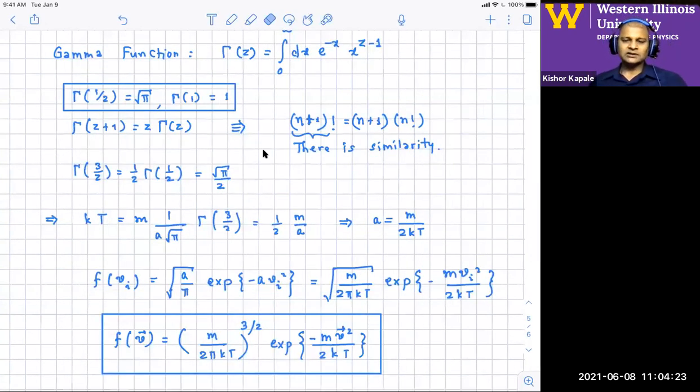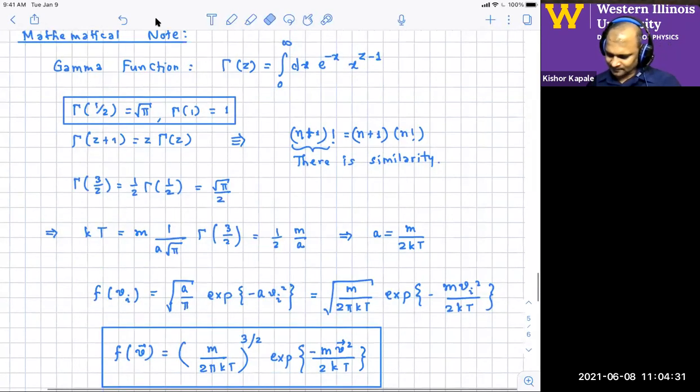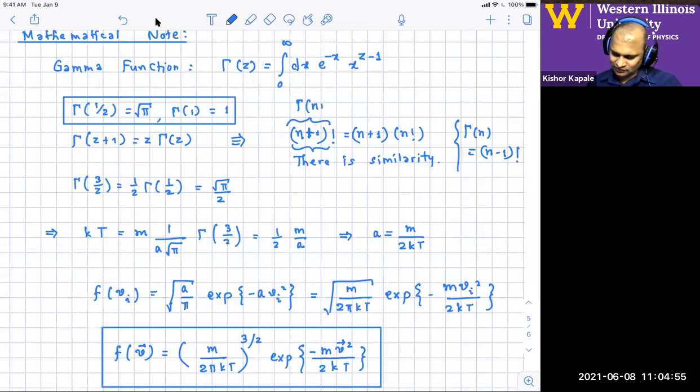So let's go back to where you guys are. The correspondence is gamma of n is equal to n-1 factorial, right? So if it is n+1 factorial, you add 1 to it, and so this is gamma of n+2 equals n+1 times gamma of n+1.